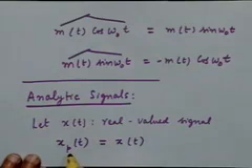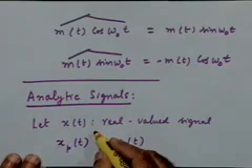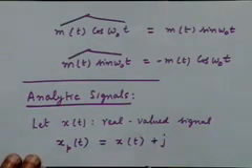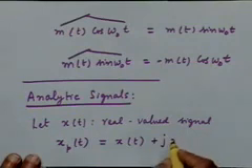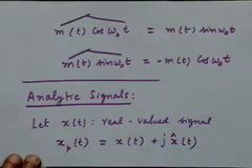X p of t is a complex valued signal. Its real part is the same real valued signal with which you started, but its imaginary part is the Hilbert transform of x of t.